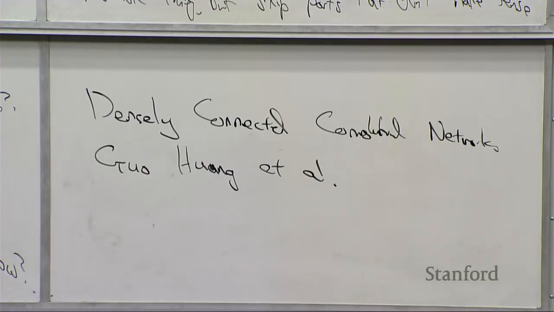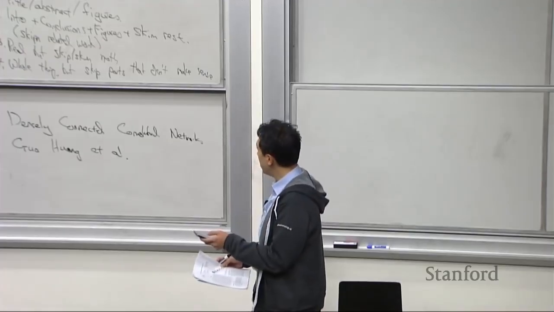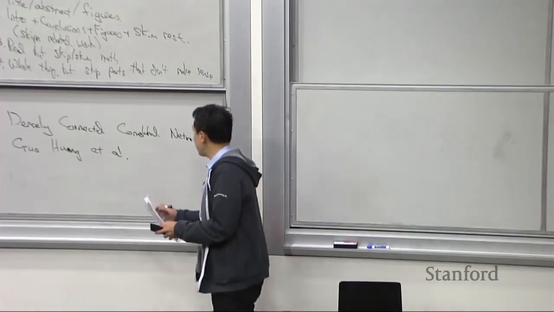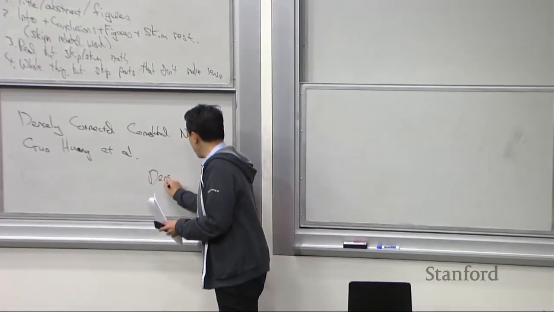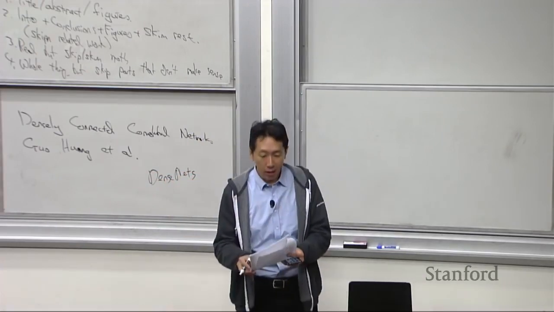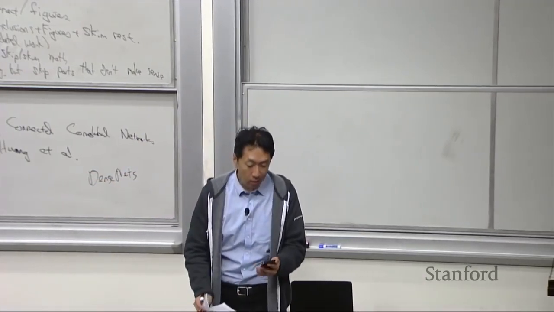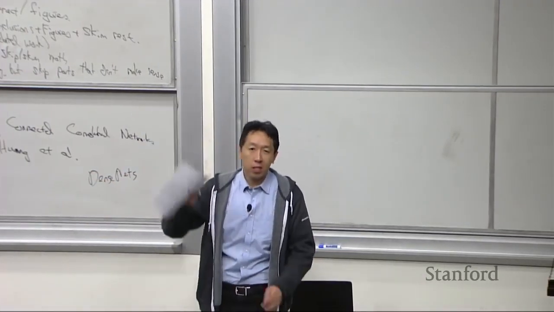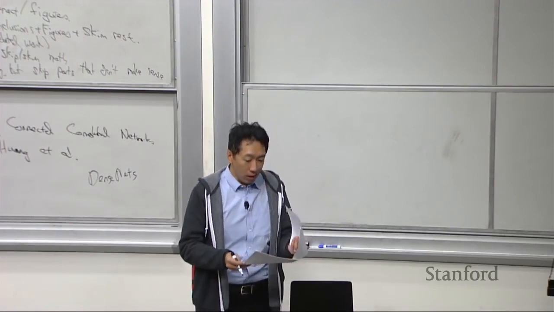You should be able to find this on arXiv, A-R-X-I-V. Sometimes you also call this DenseNets, I guess. Go ahead and take 7 minutes to read this paper, and I'll let you know when the time has passed.